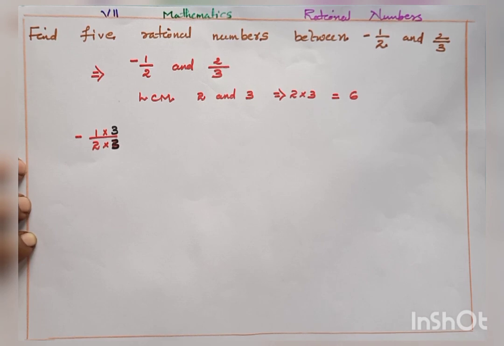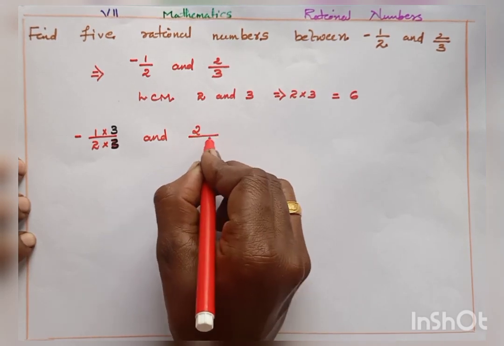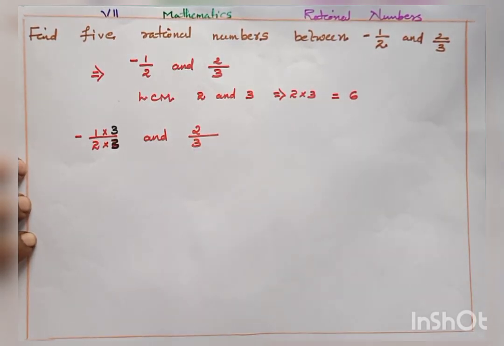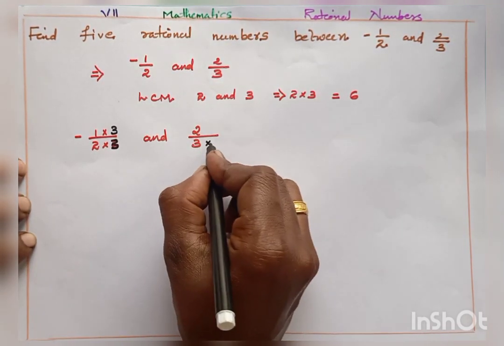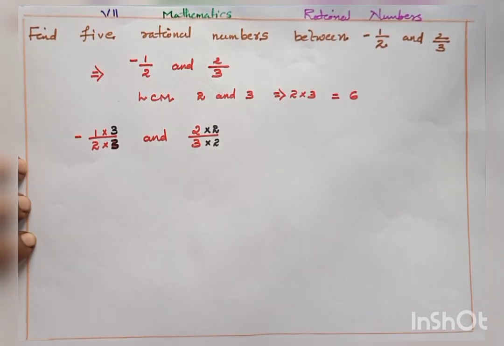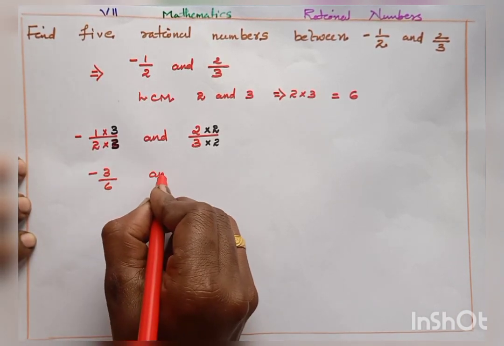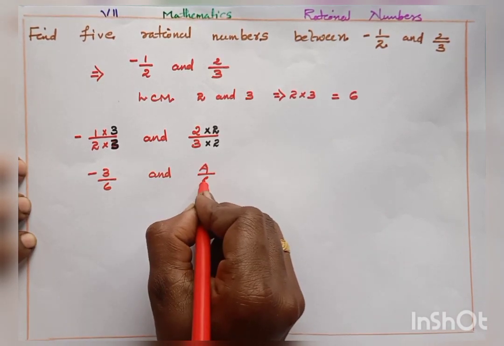And 2 by 3, change into 6 by multiplying both numerator and denominator by 2. So we get minus 3 by 6 and 4 by 6.